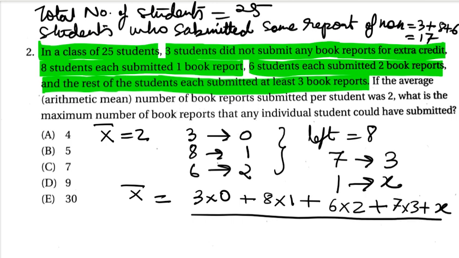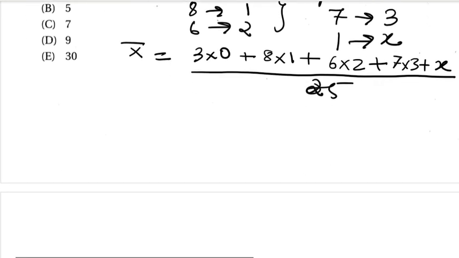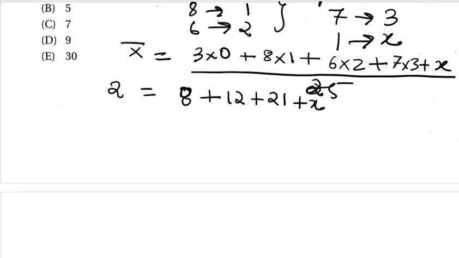Whole thing divided by 25. Alright, that's the number of students. Now let's go ahead and solve this. So in place of x bar, we are going to write a 2, right? There's no need of writing the 0. First write 8, then 12, then 21 plus x, divided by 25.